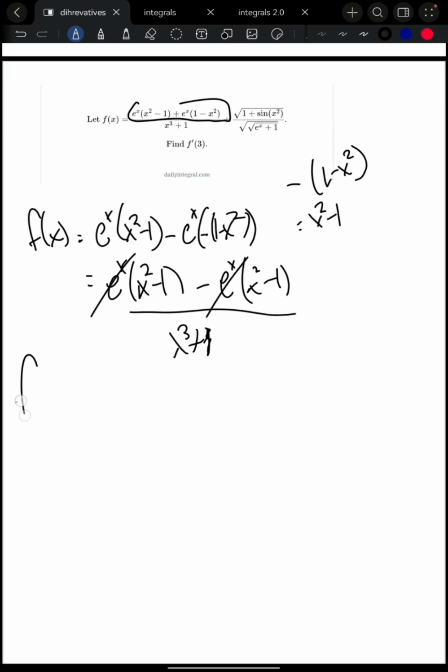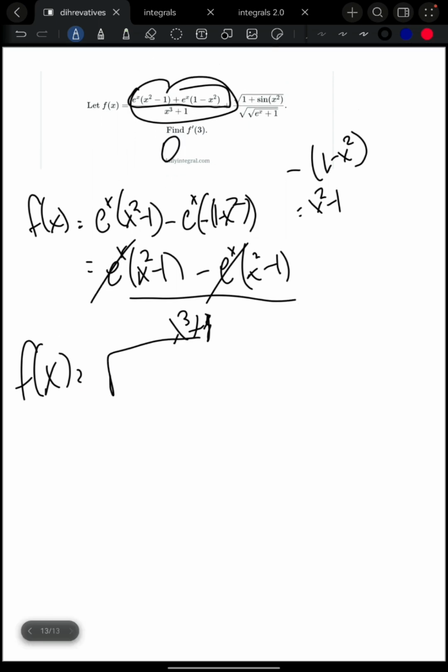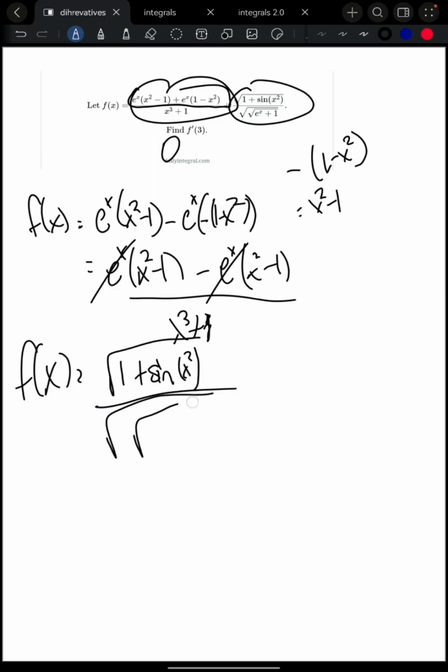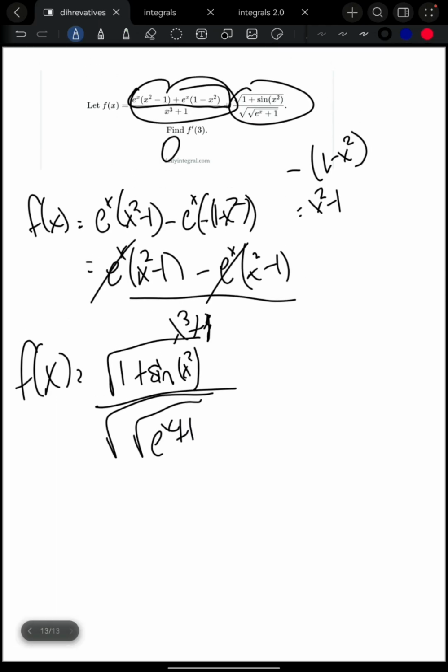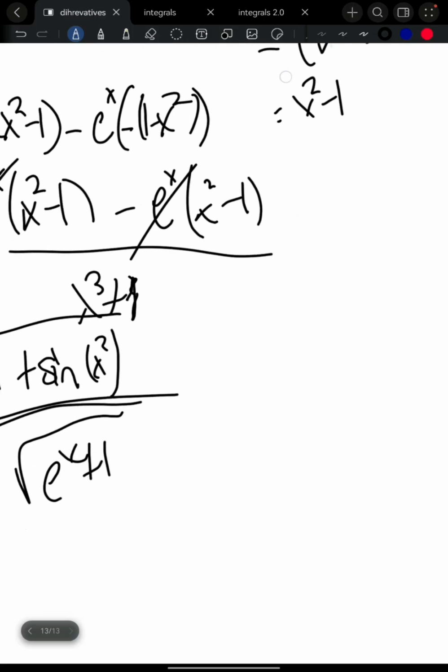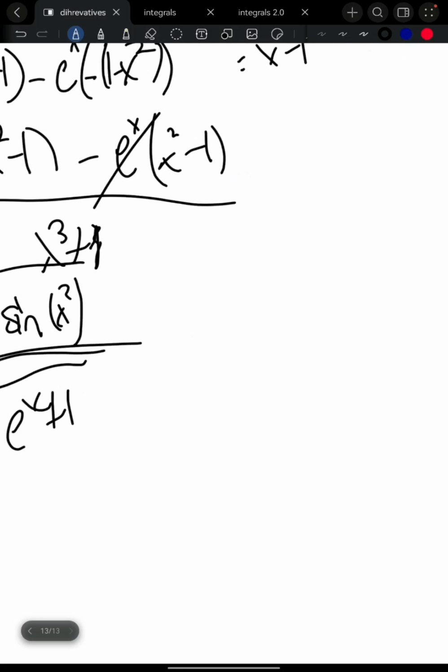So f of x is equal to root, because all of this is 0, so this is just 1 plus sine x squared, so f of x is just root e to the x plus 1. I told you, in derivatives you don't want to write this as root, you just write it as to the power of half.